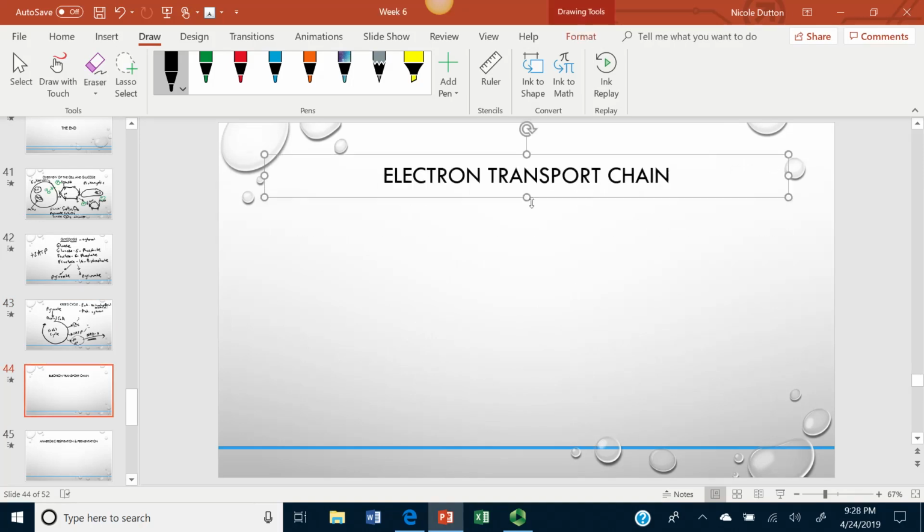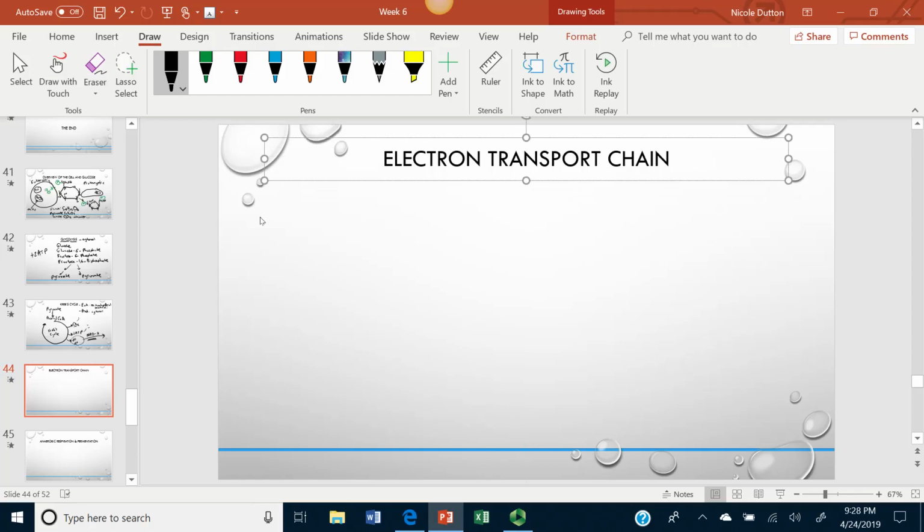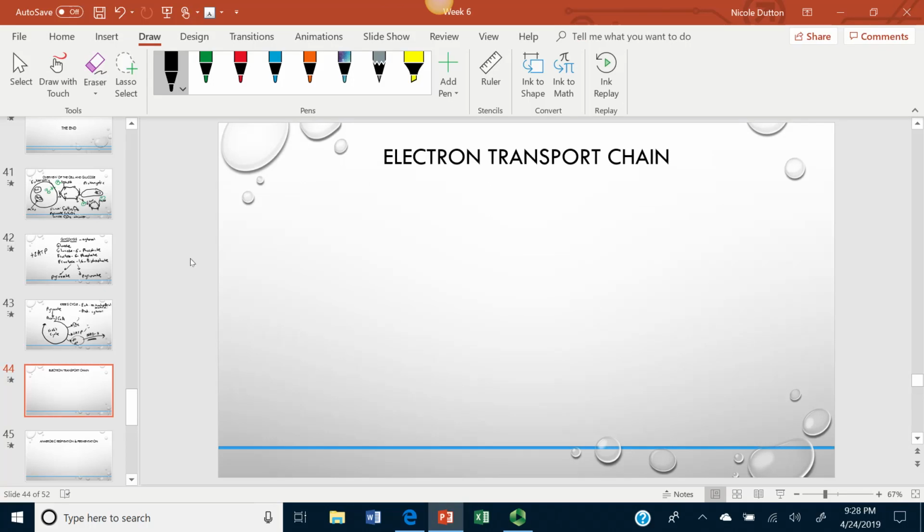Now we have the electron transport chain. The electron transport chain is going to happen between the two membranes of the mitochondria in eukaryotic cells. And in prokaryotic cells, it's just going to happen between the layers of the cell wall.